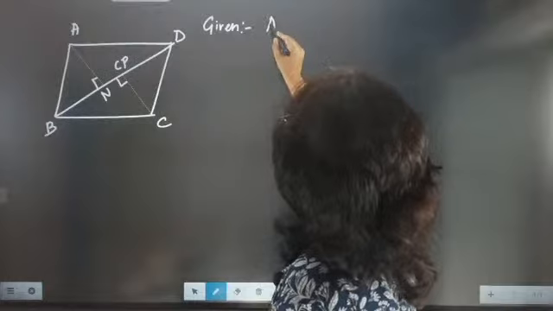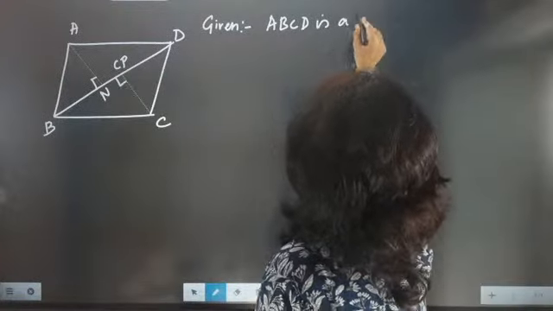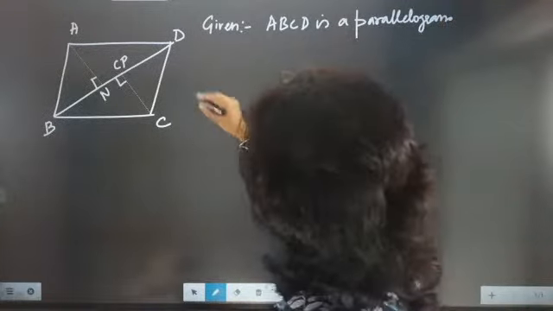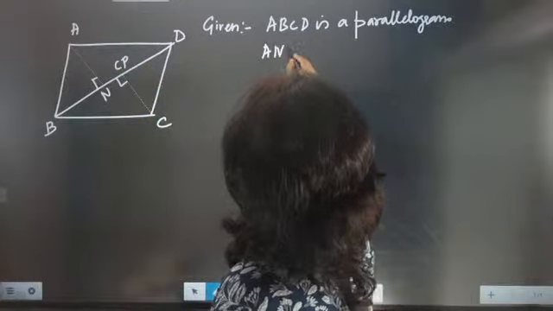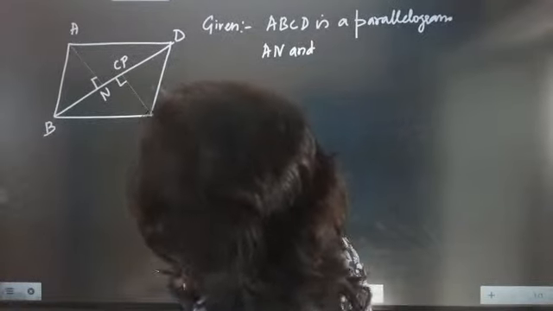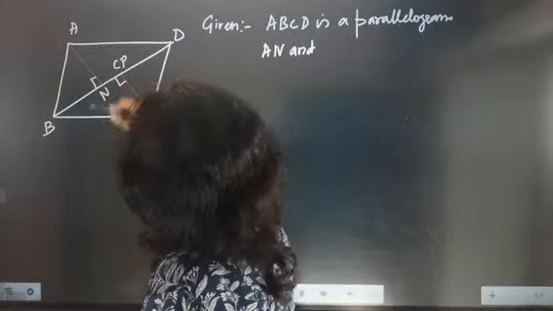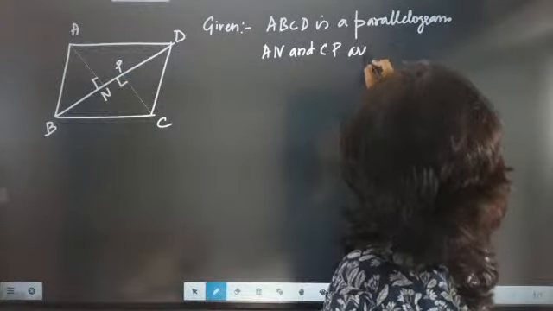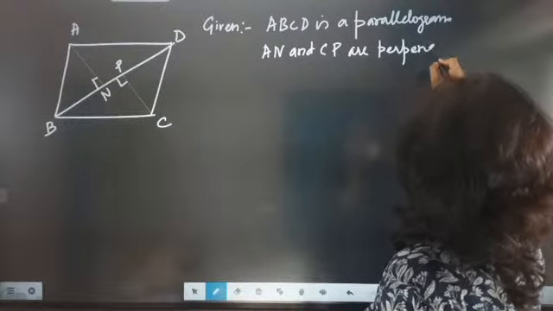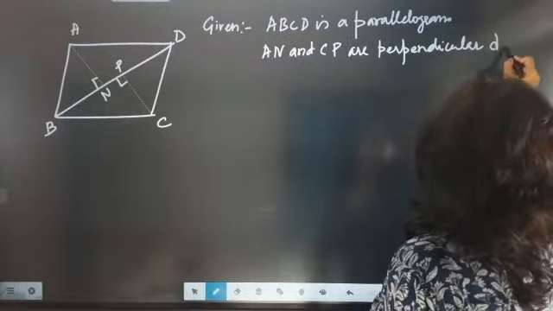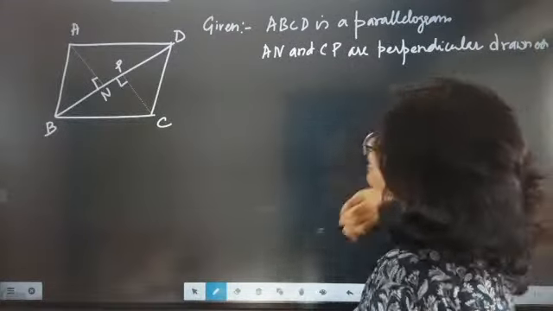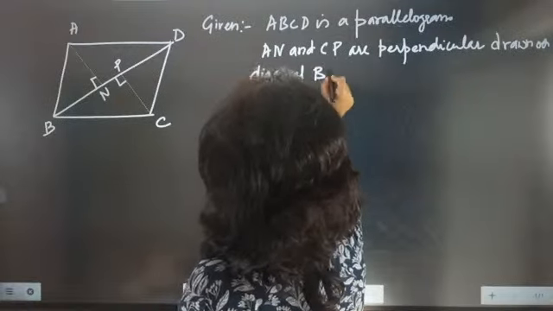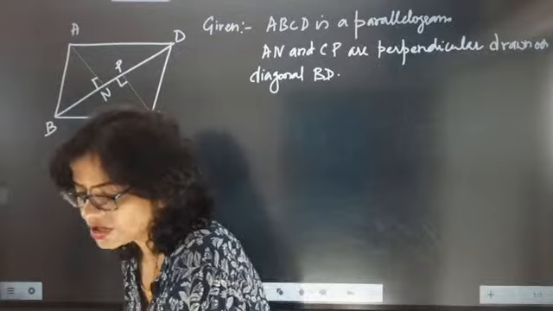ABCD is a parallelogram, and in that they have given AN and CP perpendicular, drawn on diagonal BD.